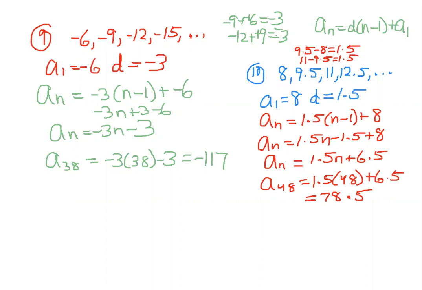All right, the next part: if the given terms are part of an arithmetic sequence, write a rule for the sequence and then find a12. All right, number 11. We've got a1 equals 3 and a3 equals -7.